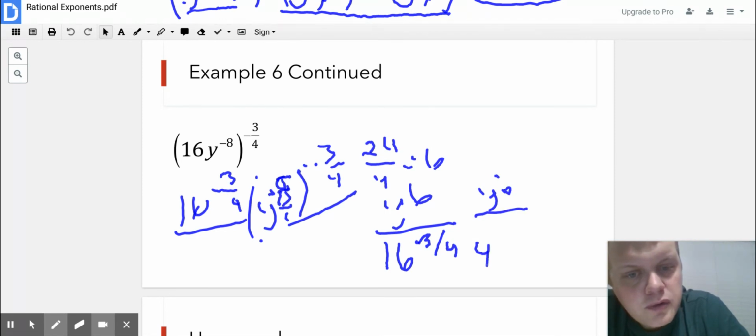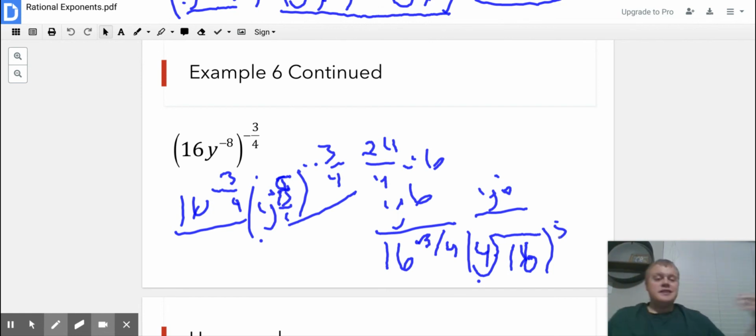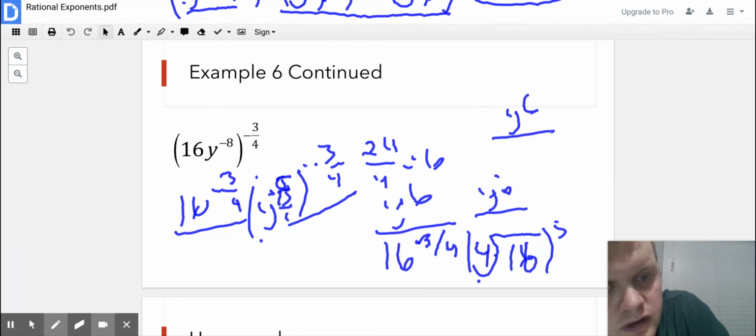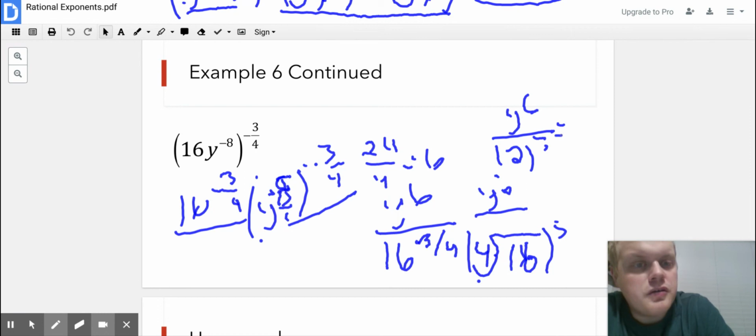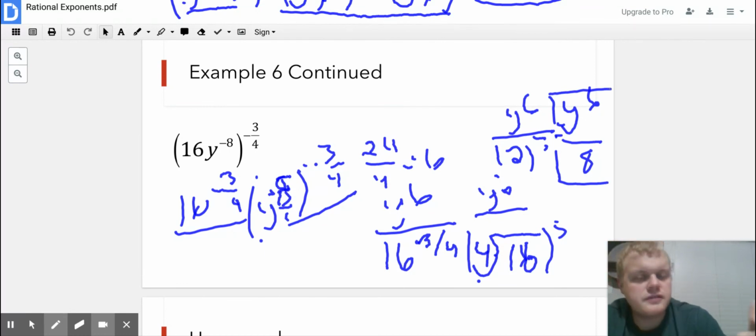We have the 4th root of 16, all of that to the 3rd power. 16 is a perfect 4th for us, so I can simplify that first. So I'm going to have y to the 6th over the 4th root of 16 is 2, all to the 3rd power. And 2 to the 3rd power does equal 8. So y to the 6th over 8 would be our final answer.